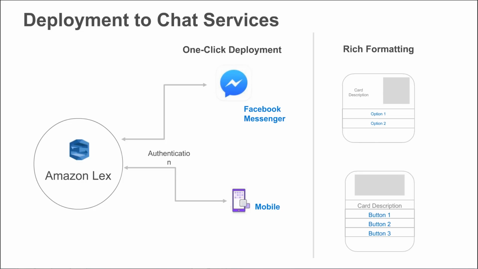Today, every chat platform has its own markup. If you as a developer needed to deploy to all these different platforms, you would need to write markup specifically for each of these. What we do here is provide you one unified way of designing your experience, and then not worry about the markup for each of these specific platforms.